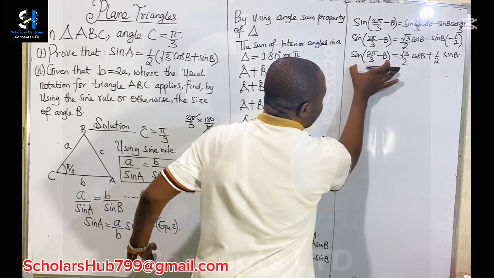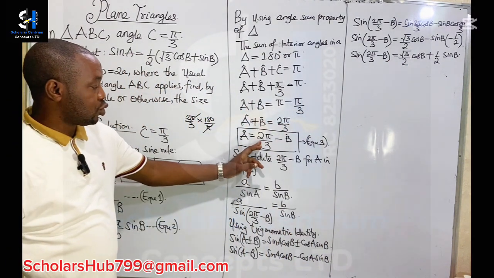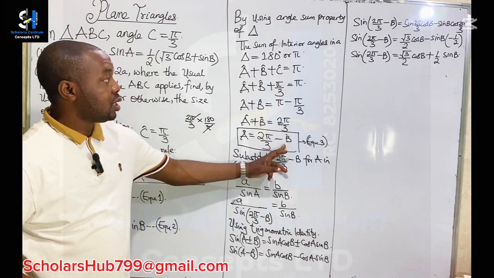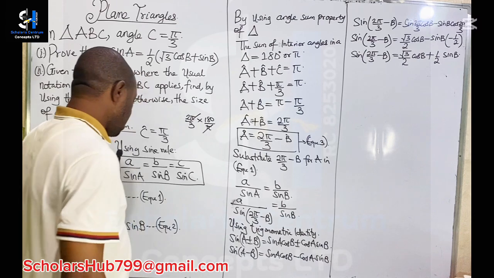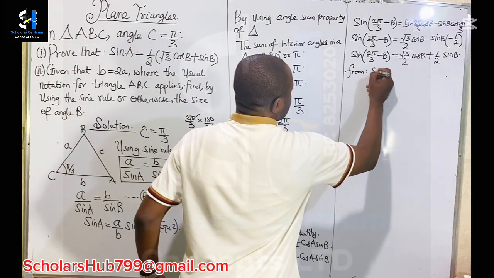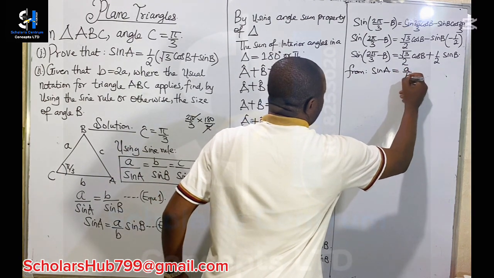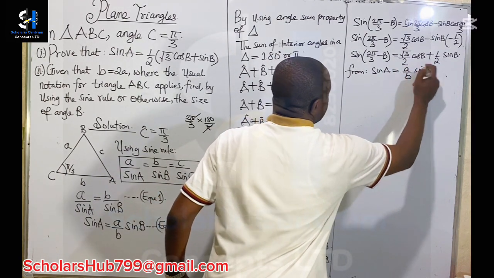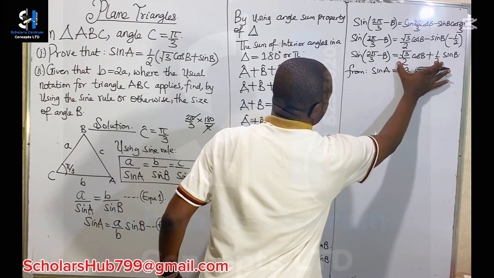This is sine A. Remember, we have A to be equal to 2 pi over 3 minus B. So which means sine A equals this. So from sine A equals a over b sine B, we're going to write sine A as what we have here.